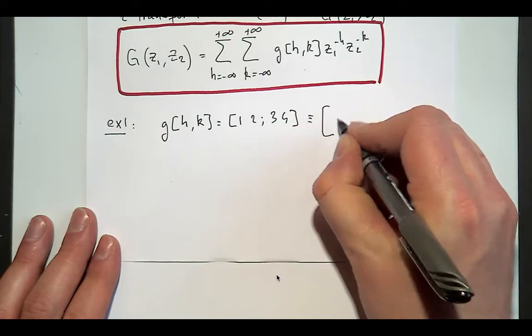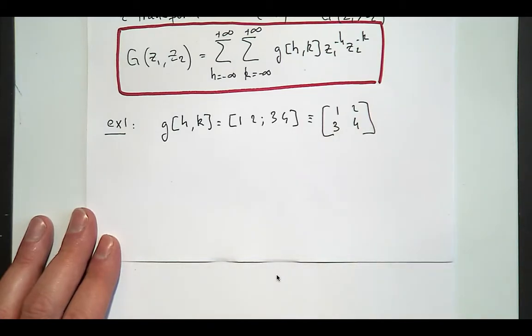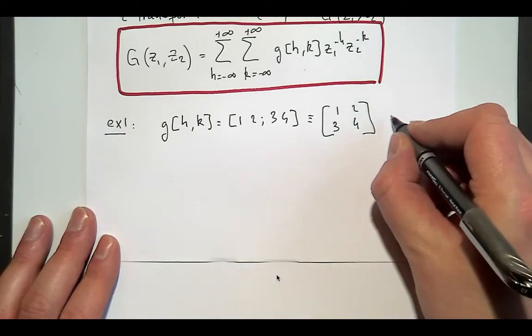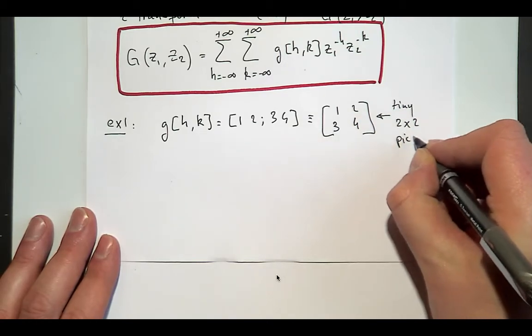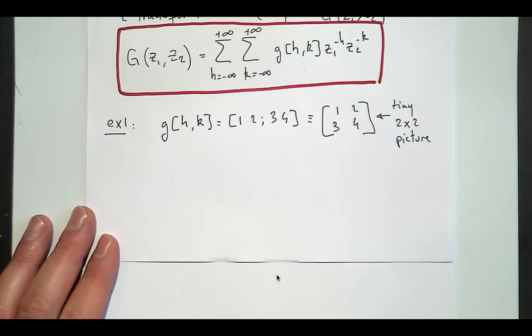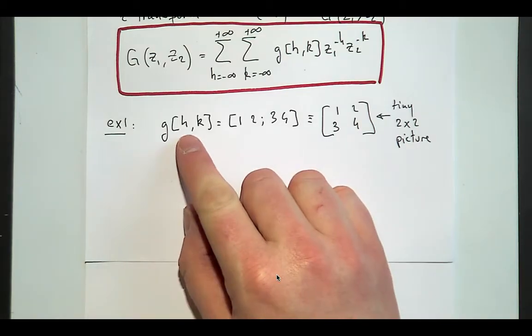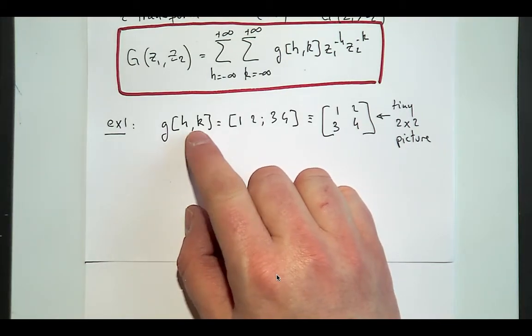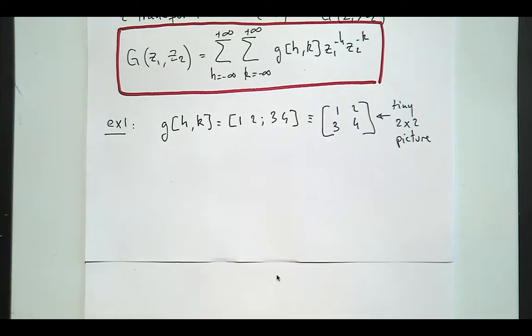So that's your 4 pixels, and that's basically a tiny picture. All right. So what is the Z transform of that picture? First we need to assign, because I have indices h and k, I need to sort out where the 0, 0 coordinate is and how I go about indexing that.